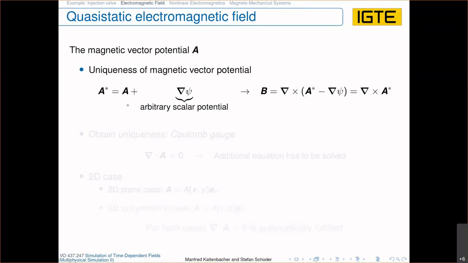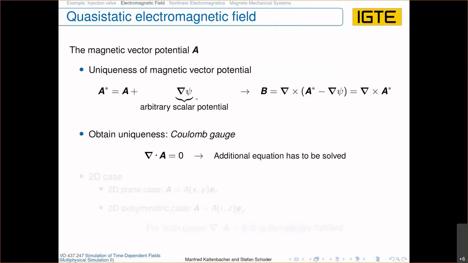Well, if we are just interested in B, then it is not such a big problem. However, if we also want to have a unique magnetic vector potential, then it makes sense to use, for example, the Coulomb gauge.